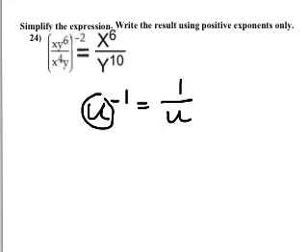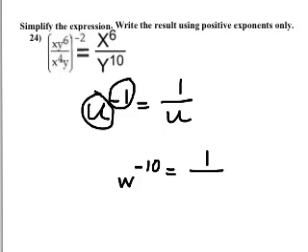U is the base. The negative 1 is the exponent. Okay, so let's call it w. W to the negative 10th power, well, that would equal 1 over w to the 10th power. Notice the power suddenly became positive. If we had a fraction, let's eliminate this.